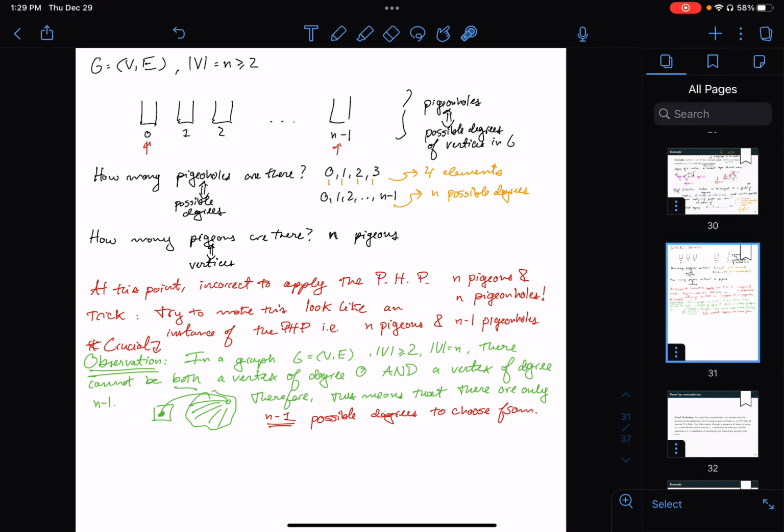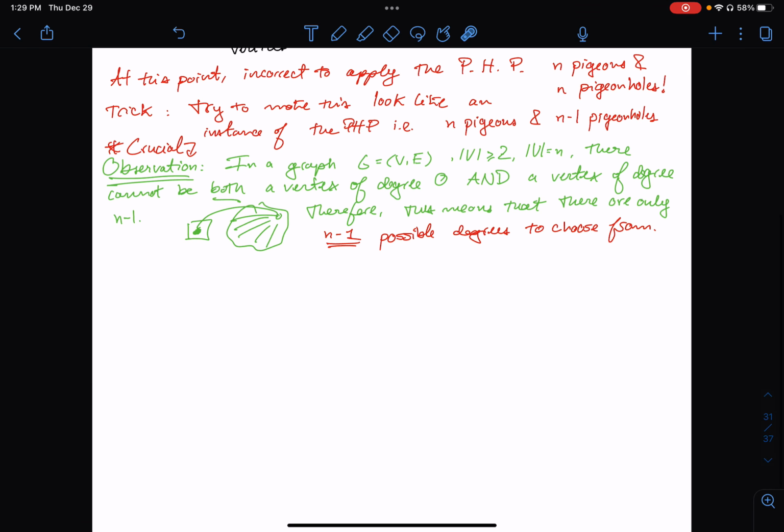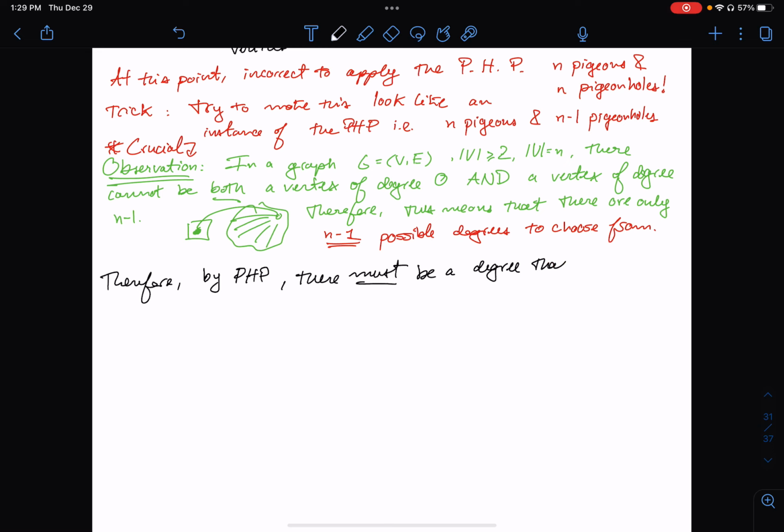And so we can conclude the proof then by saying, therefore, by the pigeonhole principle, there must be a degree that is assigned to at least two vertices in G. Okay, and so therefore, because G was picked arbitrarily, right?